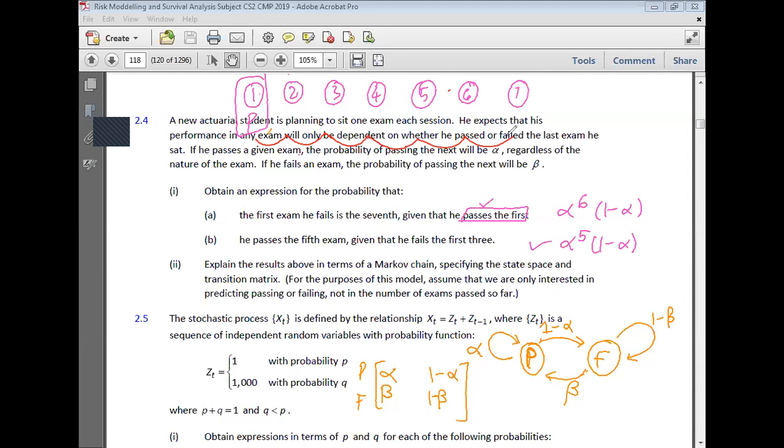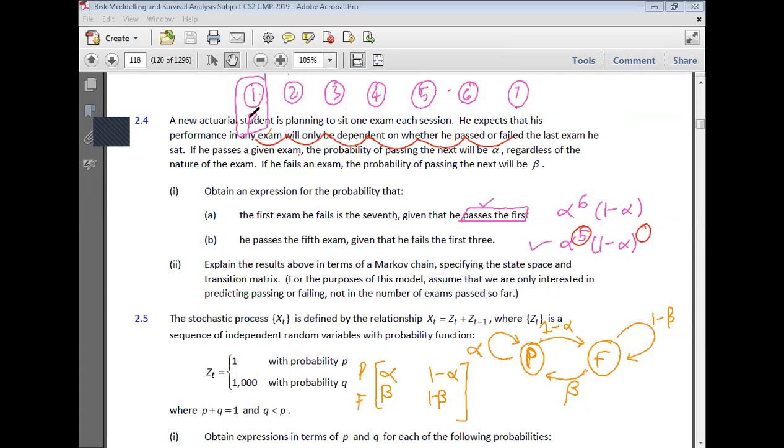So to reach the 7th exam, you have to make only 6 transitions, and that is the number that you should get in the power over here. You know that he has failed the 7th exam, and the first exam he fails is the 7th, so we know for sure that he has passed all of this.